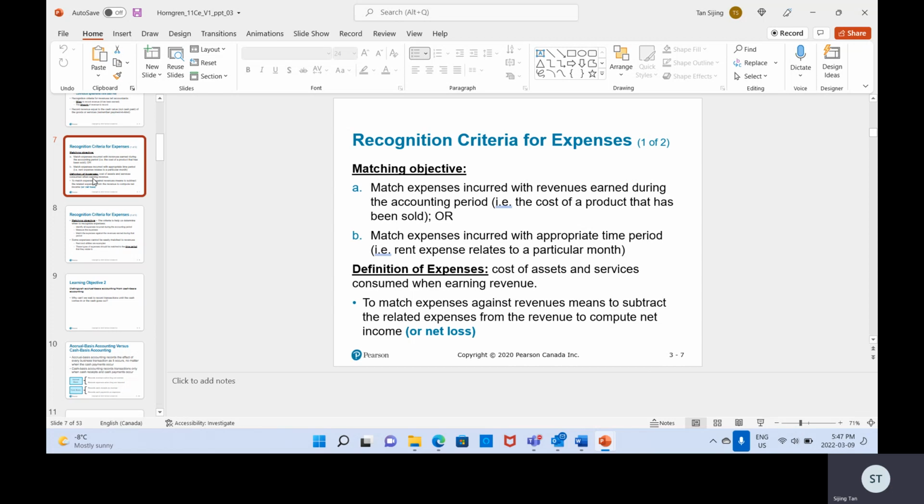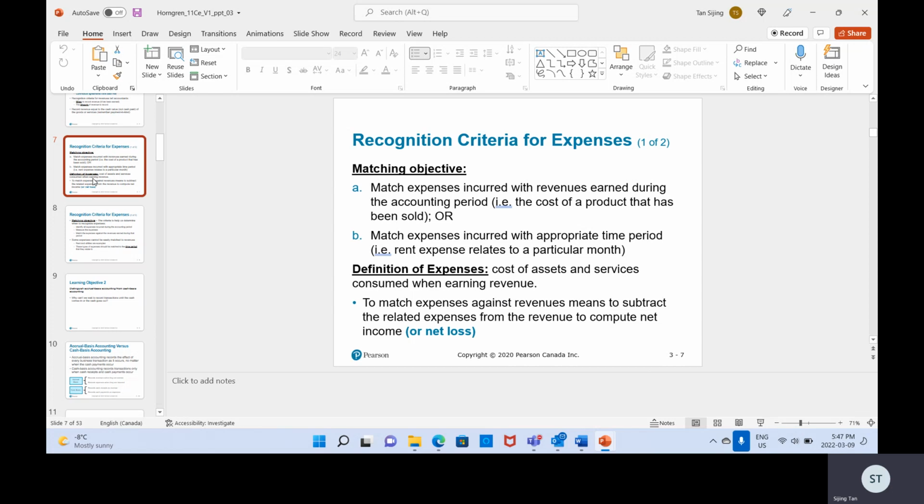For example, the cost of product that has been sold, or rent expenses related to a particular month. Expenses with a clear link to revenue will be matched against the revenue period. Other expenses, for example the rent, that are not easily linked with a particular sale will be identified with a particular time period. So those are different situations.